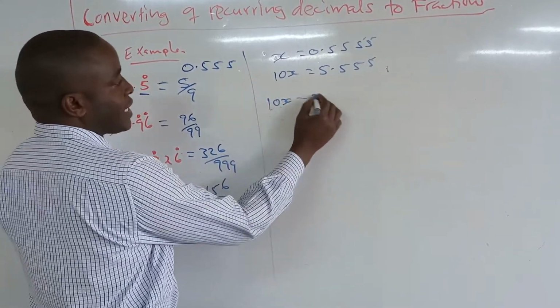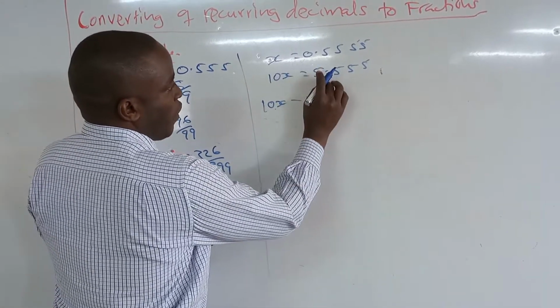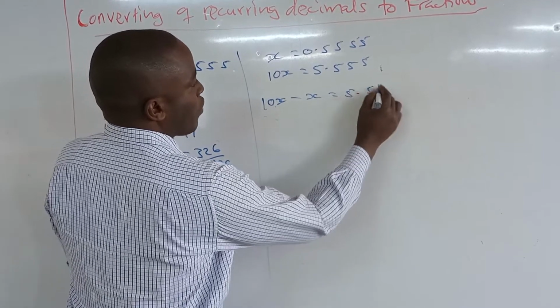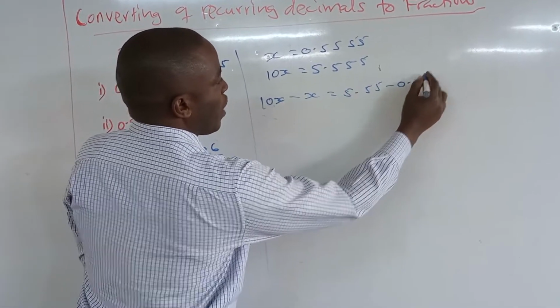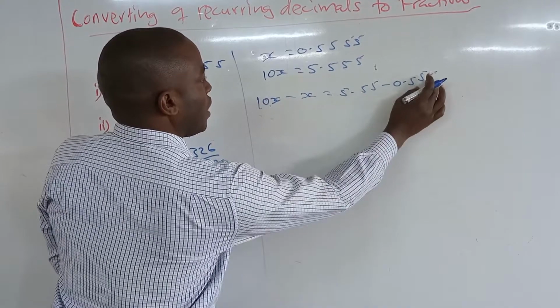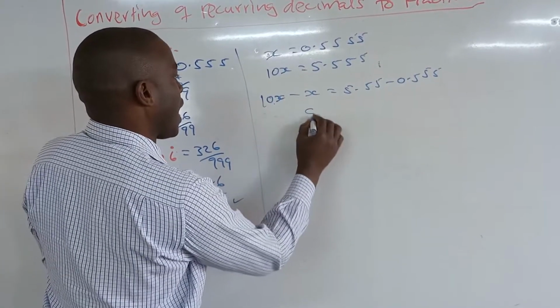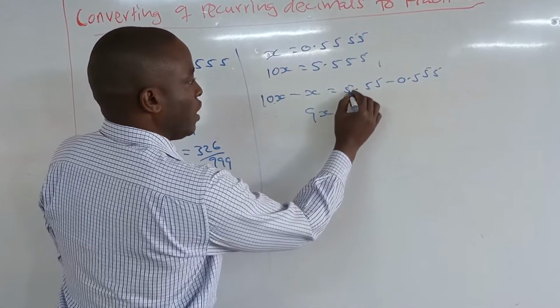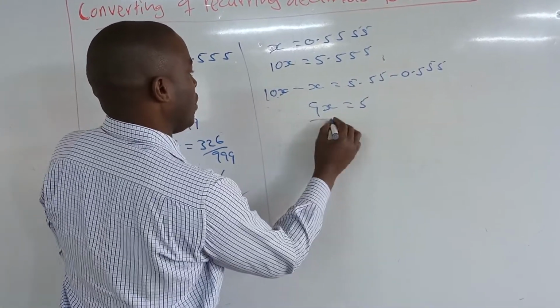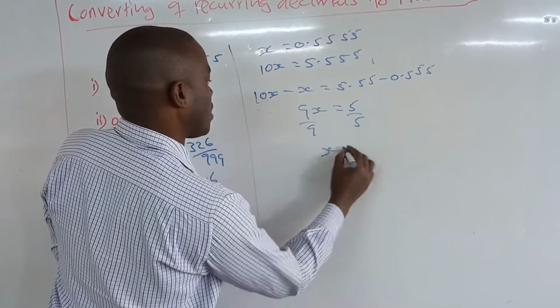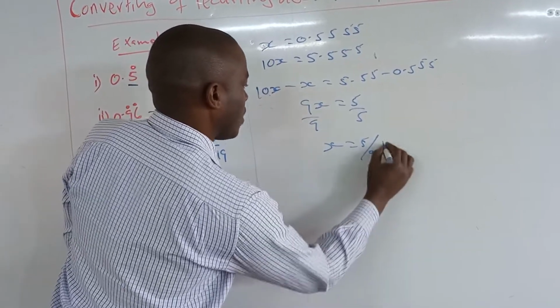So 10x minus x equals 5.555 minus 0.555. The part after the decimal is 0, so we shall have 5. So this is 9x, which is equal to 5. Divided by 9, x equals 5 over 9. So that is the first question.